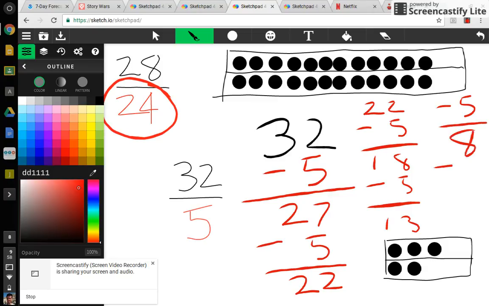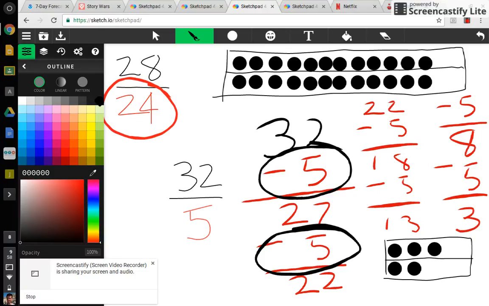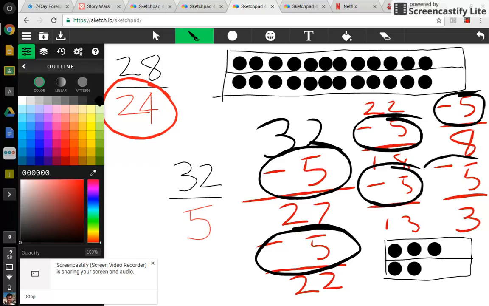And then I can take away another 5 and I'll have 3 left over. So you'll notice that from my repeated subtraction, I got 1 egg carton, 2 egg cartons, 3 egg cartons, 4 egg cartons, 5, and 6 egg cartons.